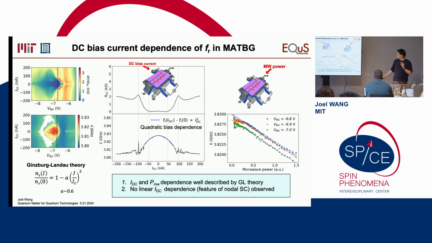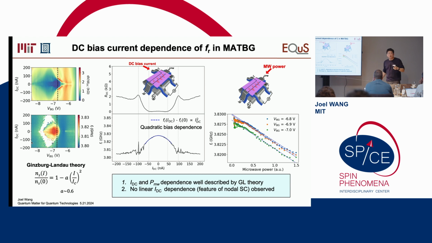Also, typically for some nodal superconductors, there's a feature that people observe, which is the linear dependence on the DC current or equivalently the microwave power. We did not observe that. But I want to note that the linear dependence on the DC current is not necessarily a universally observed experimental feature of nodal superconductors.